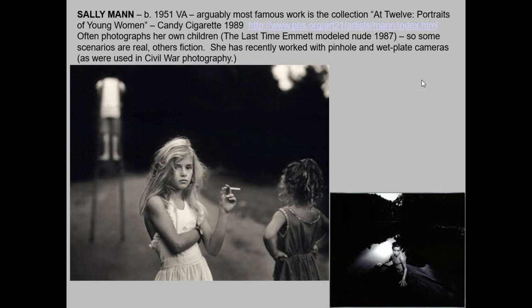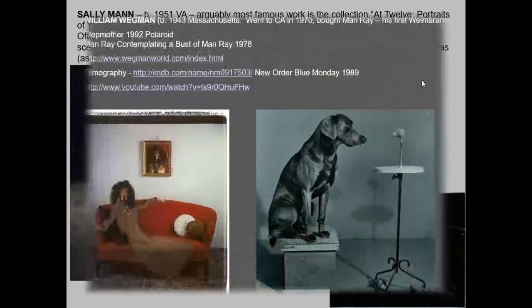It's a very jarring and intriguing image that makes you question, how aware are children of the adult world? How much do they already know about the difficulties of adult life?